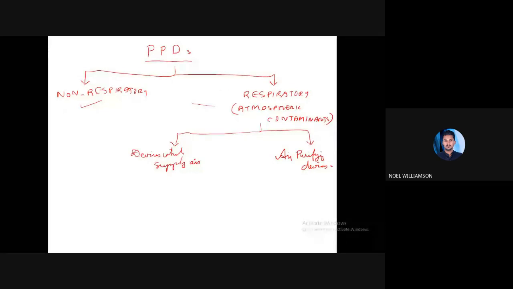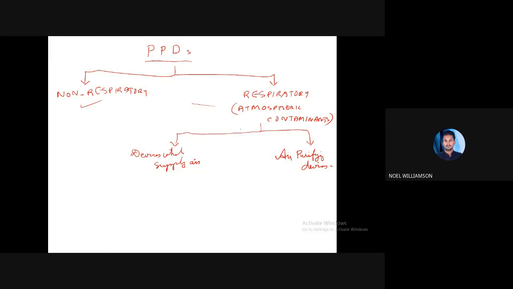The PPDs, or personal protective devices, which come under the category respiratory, are used to remove the hazards caused by atmospheric contaminants.